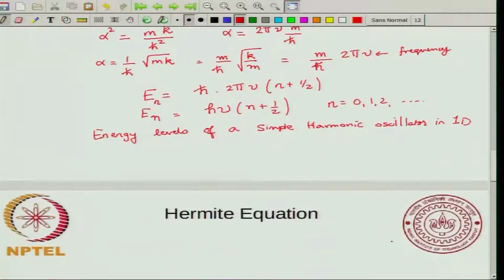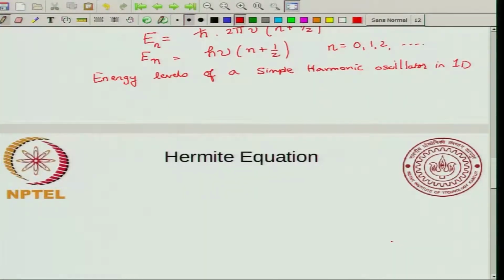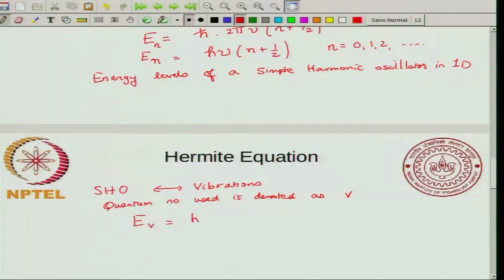Now usually, since the simple harmonic oscillator is used to model vibrations, the quantum number used is denoted as V. So instead of n we write E_V equal to h nu (V + half), where V equals 0, 1, 2, etc. We got this from the series that terminated.